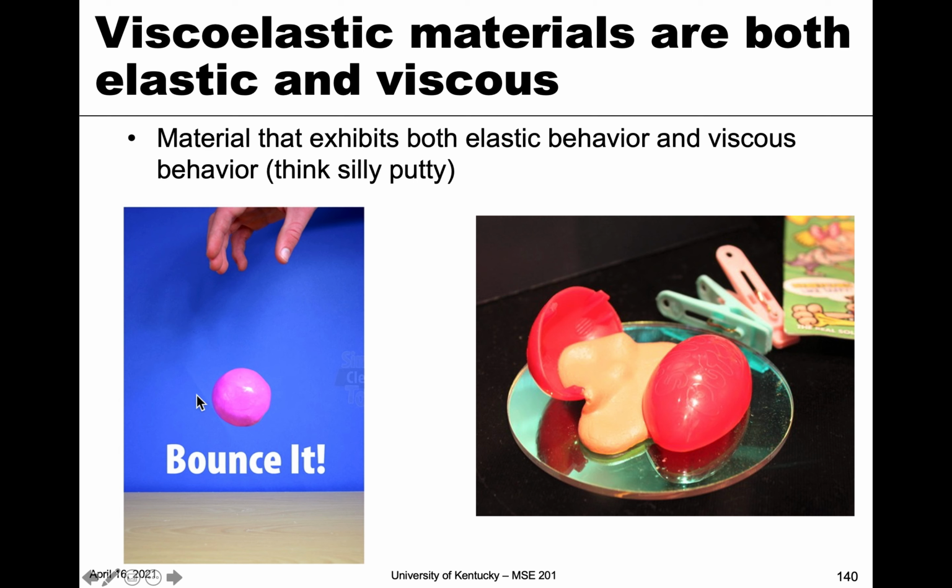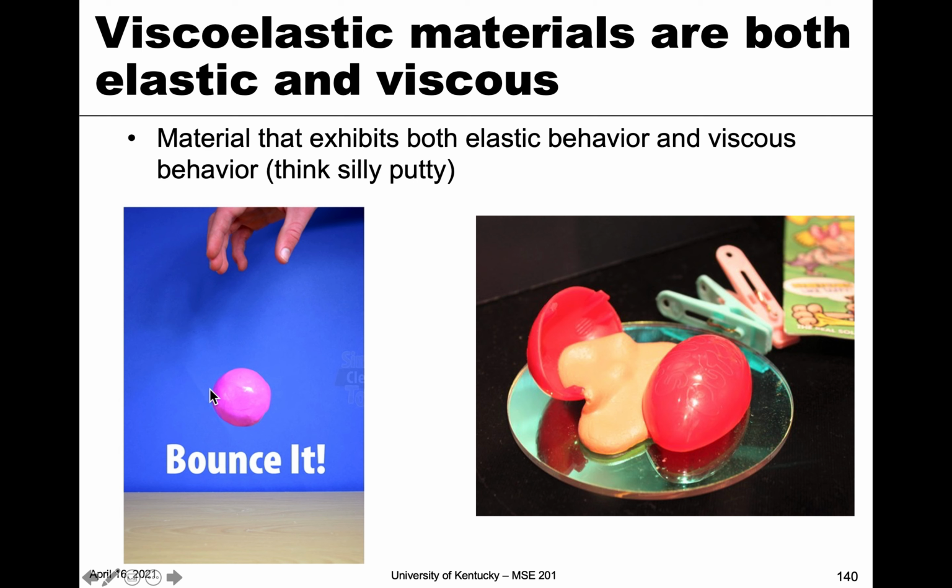A good example of this is if you've ever played with silly putty. If you ball it up into a ball shape, you can actually bounce it and it keeps its shape, right? So it bounces off the ground and rebounds, and therefore it has to deflect and elastically deform to do this.